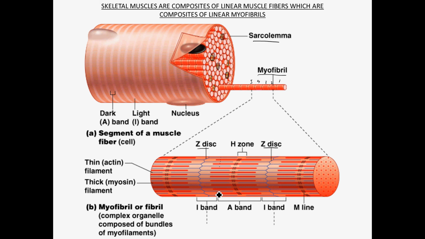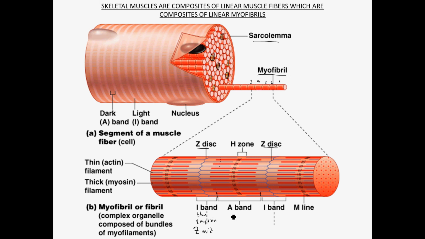We have the myosin molecules ending there, and that creates the I band. The I band is defined as between two myosins, and you cross the Z line in the middle. The A band then is basically the length of the myosin.